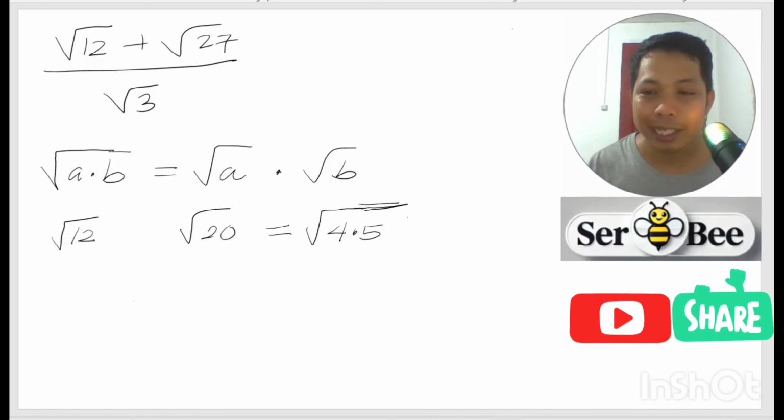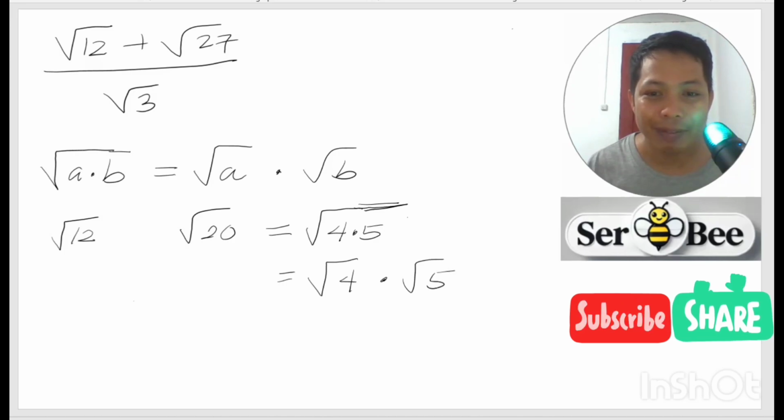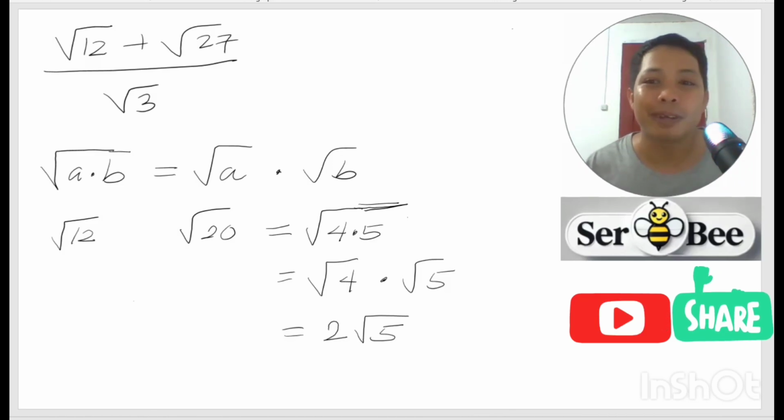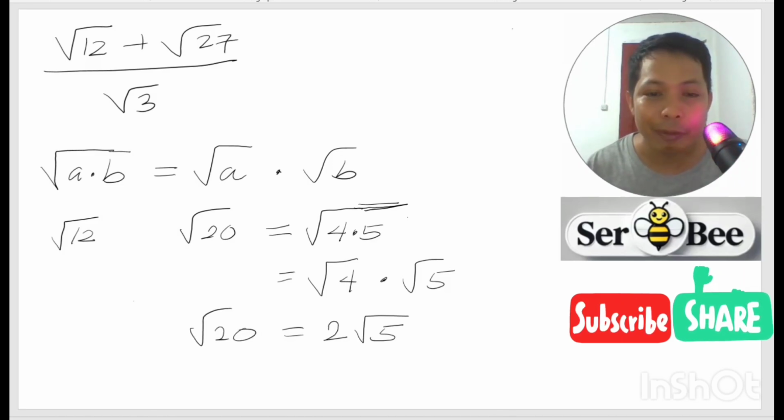From the law of radicals, this can be written as the square root of 4 times the square root of 5. What is the square root of 4? 4 is 2 squared, so the square root of 4 is 2. And then write the square root of 5. Because 5 is not a perfect square, it cannot be simplified. So the square root of 20 in simplest form is 2 square root of 5.